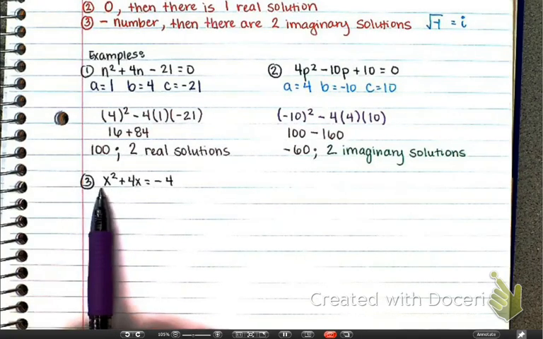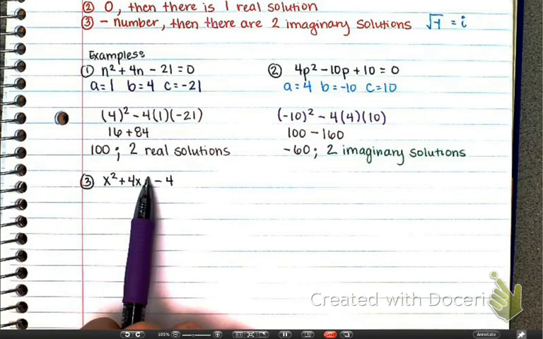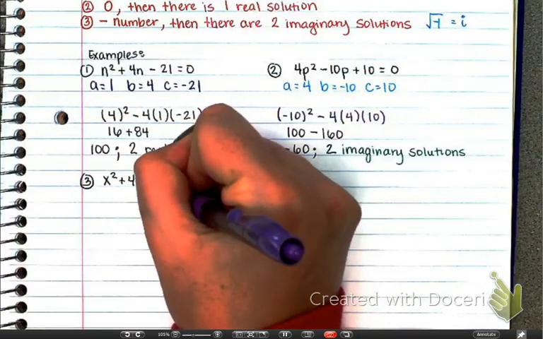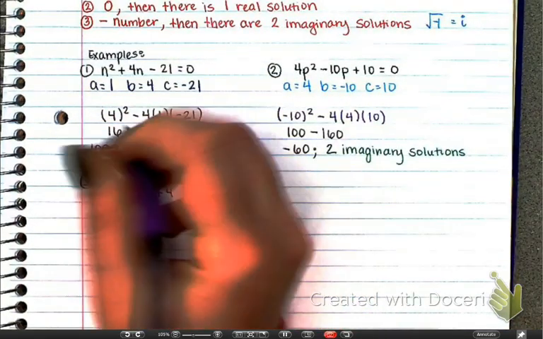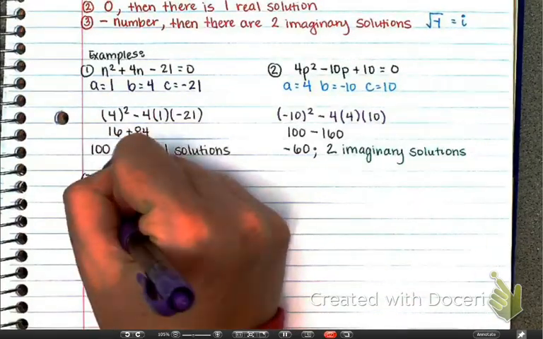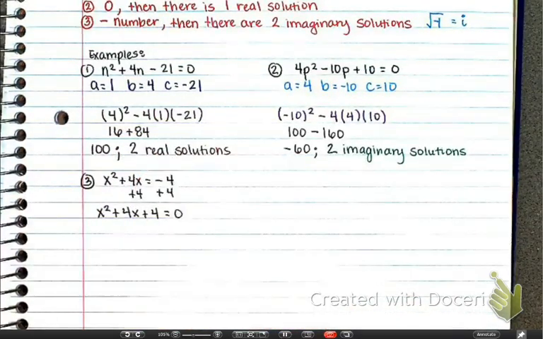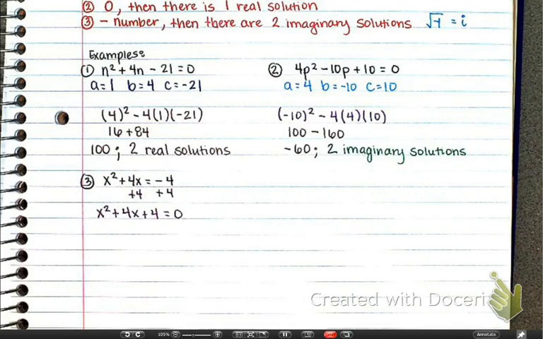Okay, because right now I have an ax squared plus bx, but I don't have that c. So I need to move this negative 4 to the other side, so we're going to add 4, giving us x squared plus 4x plus 4 equals 0. So really, if you can set that equation to 0, you know you're going to have it in standard form, as long as you write everything in the proper order.